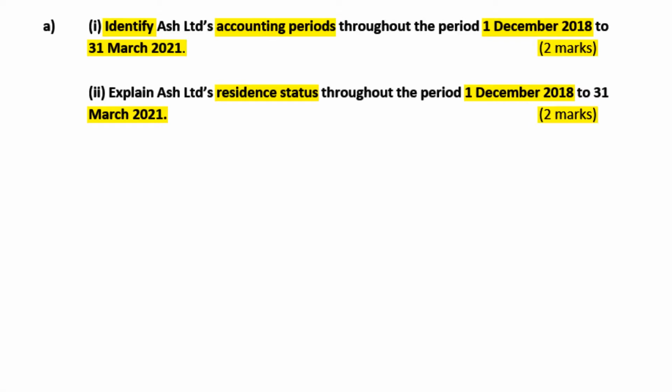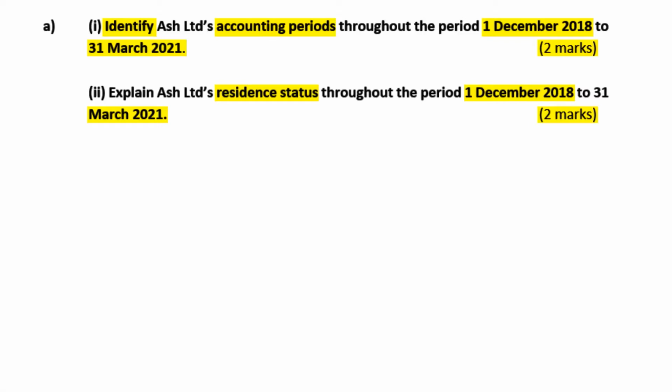Companies have different rules when it comes to accounting periods, assessable profits and basis periods. With individuals or partners in a partnership, you have overlap profits, and the second tax year is always taxed on 12 months, actual basis, current year basis.